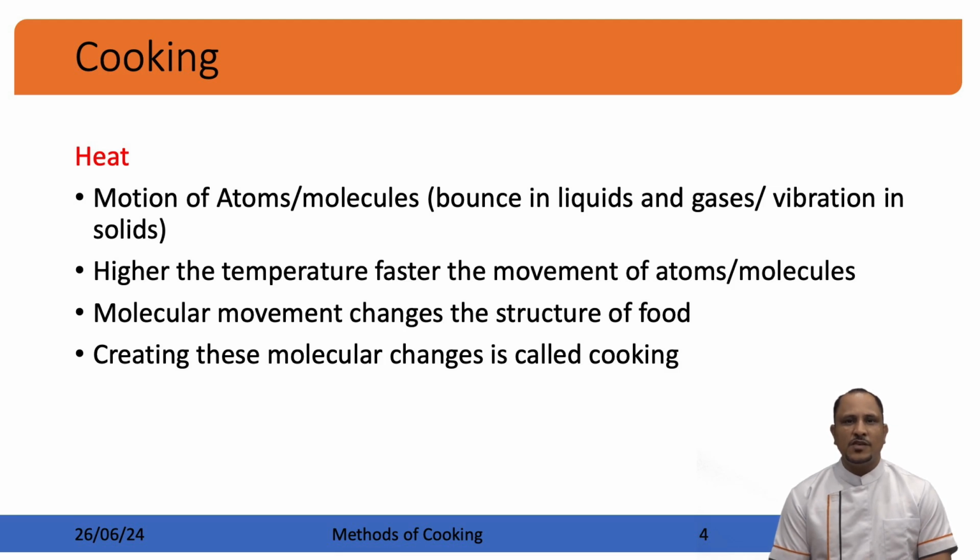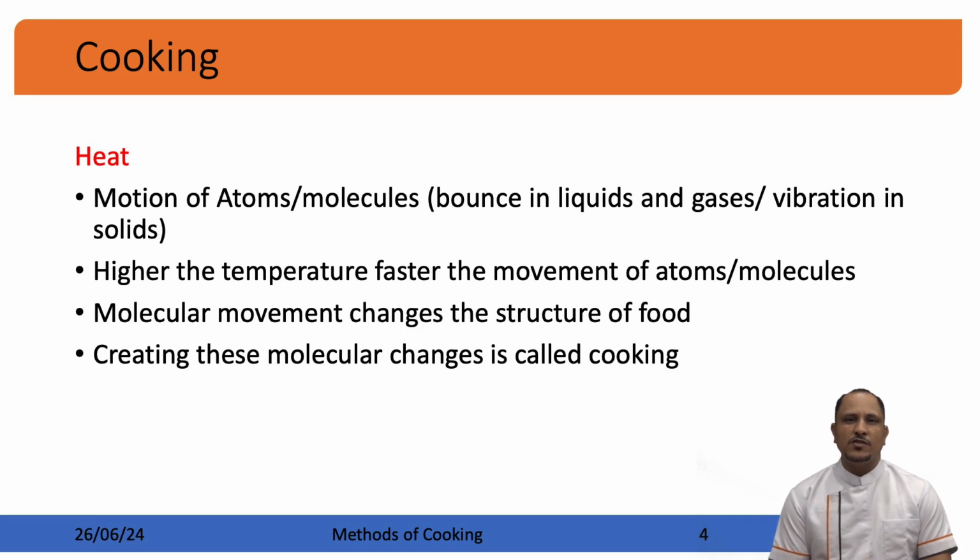So as we talked, cooking is application and withdrawal of heat. When heat is applied to a matter, the molecules or atoms in the matter start bouncing or shaking. Depending on the state of matter, this shaking of molecules is more or less visible. As you can see in the boiling of water, in the liquid state of matter you can see that the molecules are bouncing or shaking at a rapid speed.